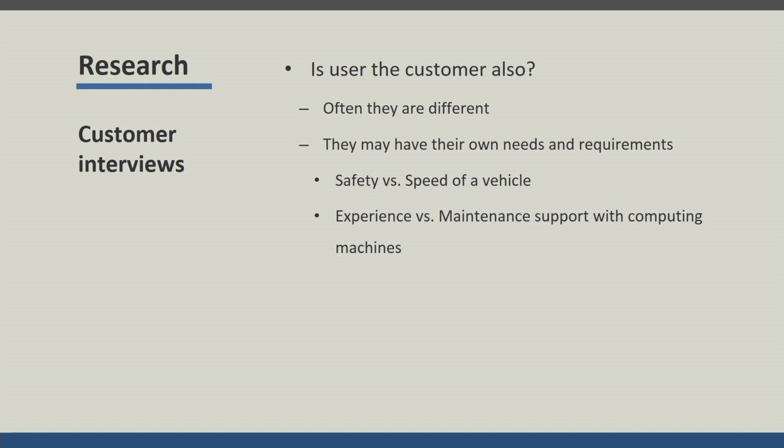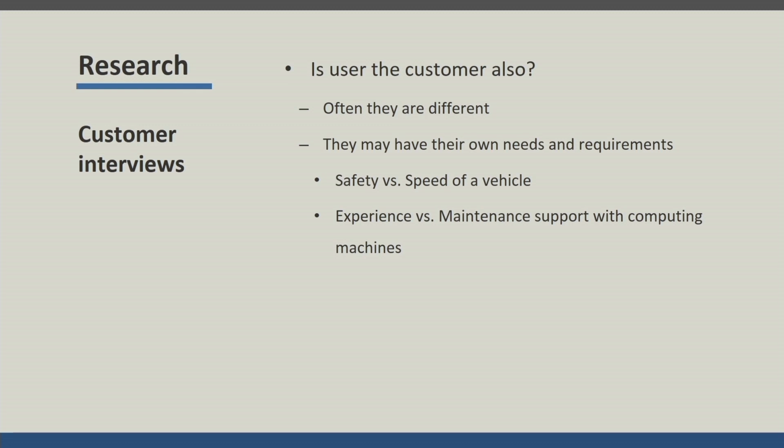And customers have their own needs and requirements, okay? So same example, if your father is buying a vehicle for you, while you might be interested in speed, your father might be interested in safety. So in that way, users and customers have two different needs and requirements. In the same way, for an enterprise, experience versus maintenance support with computing machines.